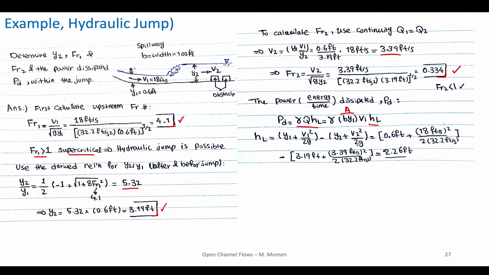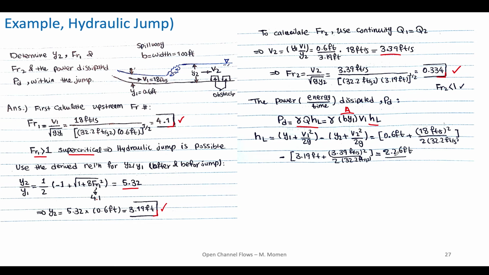This is g. Minus, instead of Y2, which we found here as 3.19 foot, plus V2 squared, V2 is 3.39 foot per second squared, over 2 times 32.2 foot per second squared.